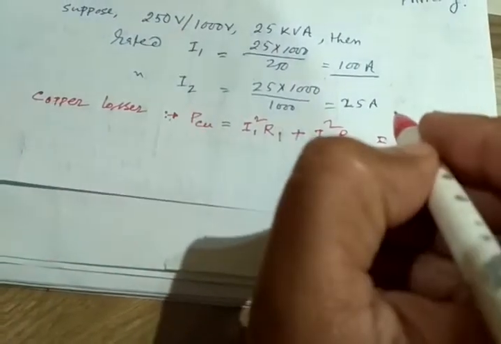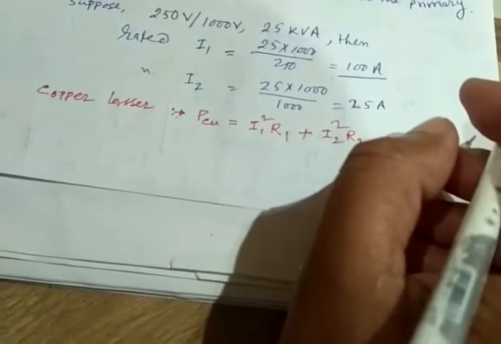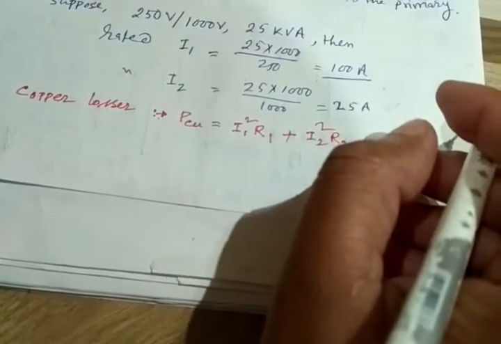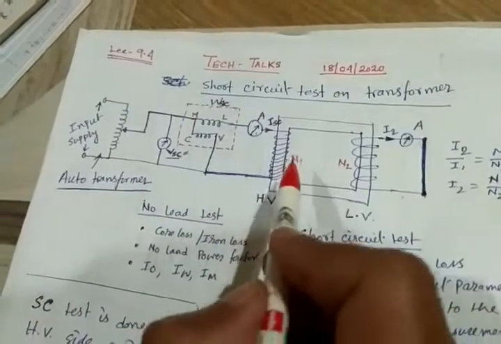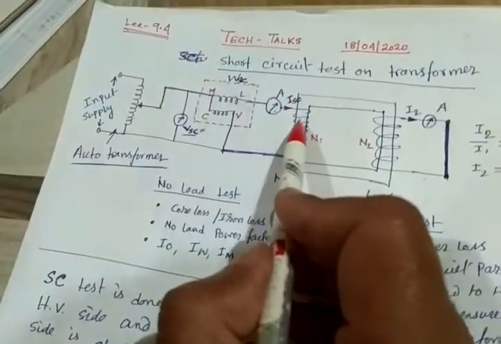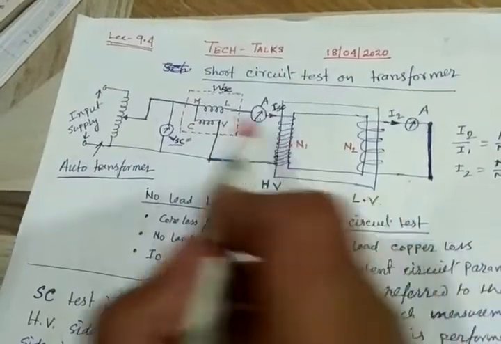Now actually the whole power we are supplying is going for two purposes: to supply the copper losses in the primary and secondary, and also a very small amount of core loss, that is the hysteresis and eddy current loss. Hysteresis and eddy current loss depend on the voltage.